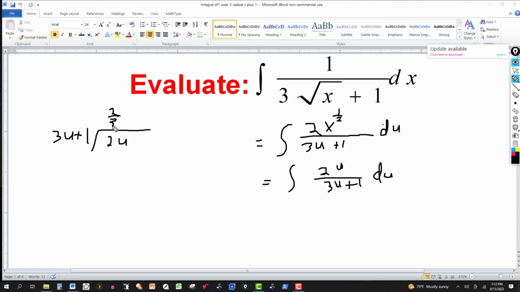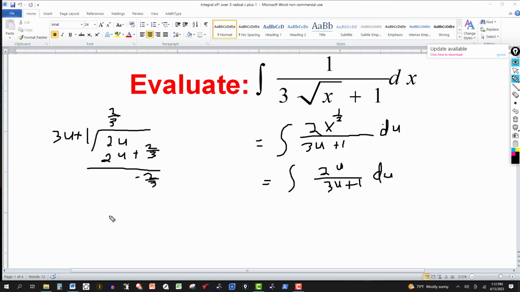The u's cancel out. And then I multiply this partial quotient times the divisor. So it'll be 2/3 times 3u will give me 2u here. And 2/3 times the 1 will give me 2/3. And then we subtract here. 2u minus 2u cancels. 0 minus 2/3 is minus 2/3. So the quotient then is going to be 2/3. And then of course the remainder will go over the divisor.